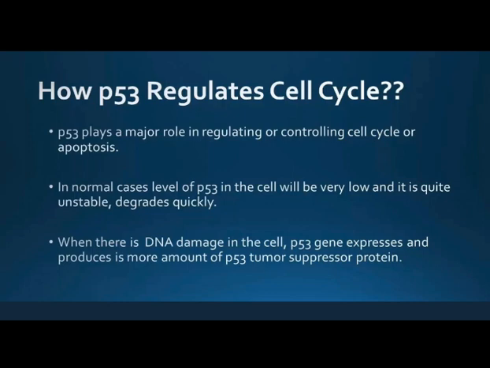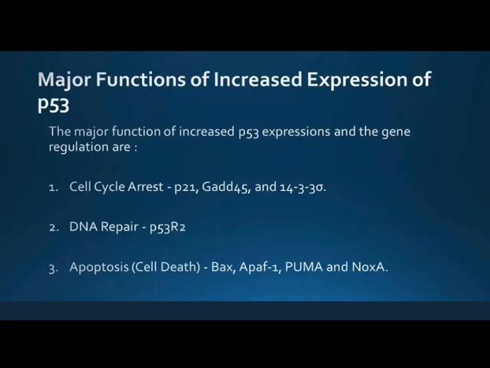When there is DNA damage in the cell, the p53 gene is expressed and produces more p53 tumor suppressor protein. Let's see the major functions of increased p53 expression and gene regulation. First, cell cycle arrest. Second, DNA repair. Third, apoptosis or cell death.